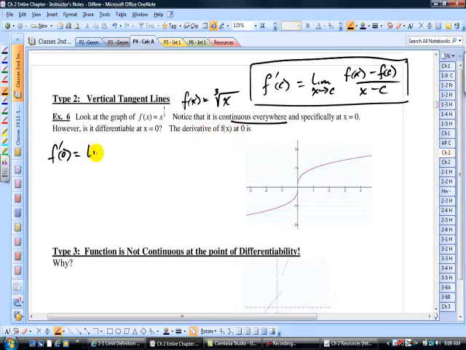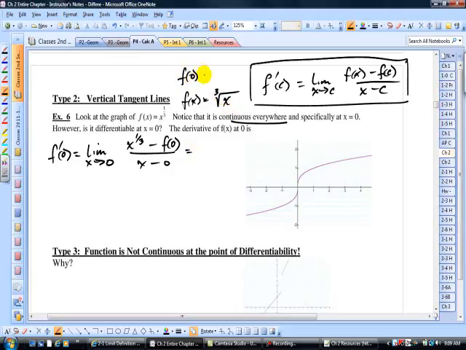To do that, let's take the limit as x approaches 0 of the function, which is x to the 1/3, minus f of 0, where c is 0, divided by x minus 0. Well, f of 0 is 0 because the cube root of 0 is 0.